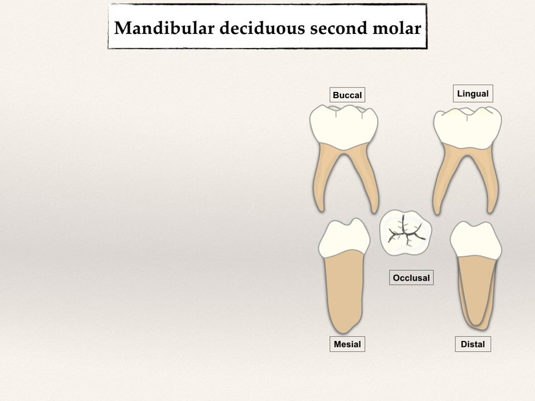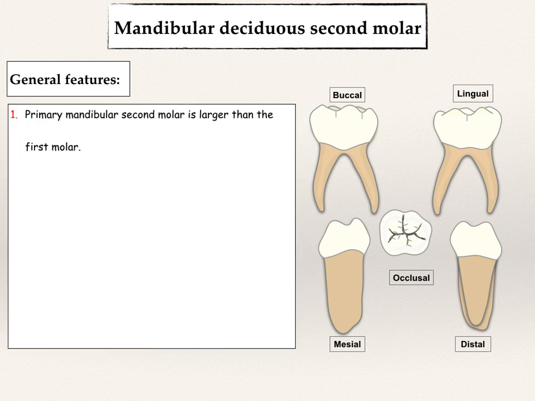Mandibular second deciduous molar. It is larger than the first deciduous molar and closely resembles the permanent mandibular first molar, but is smaller.